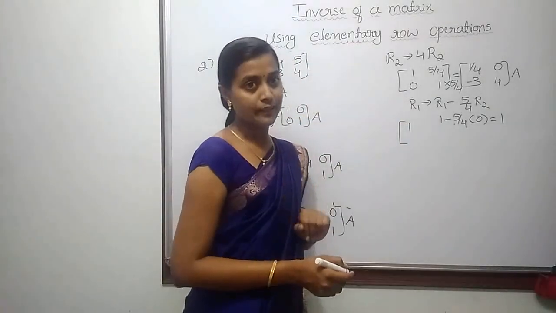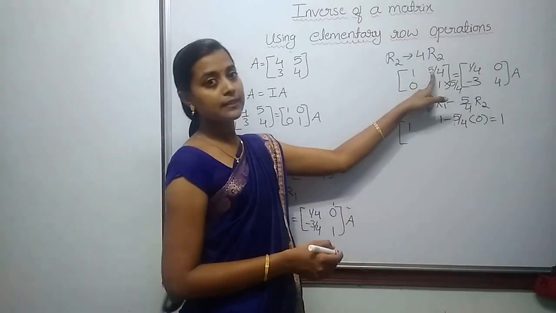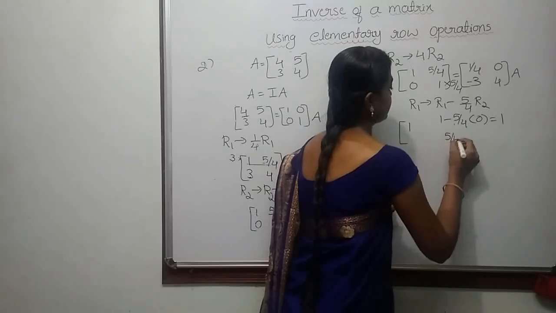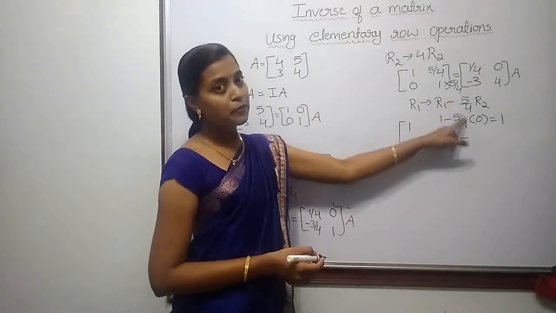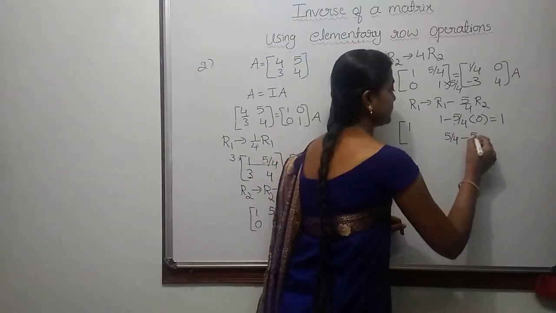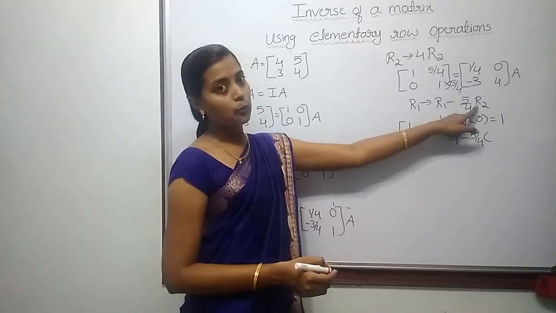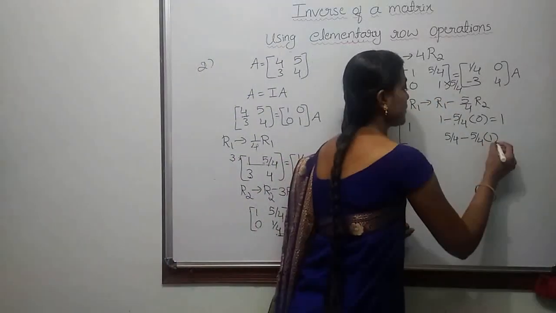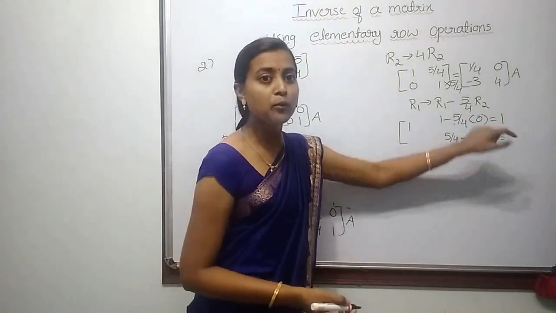Similarly, for the second elements, R1, second element of R1 is 5 by 4 minus 5 by 4 as it is into R2, second element of R2 is 1. 5 by 4 minus 5 by 4 is 0.